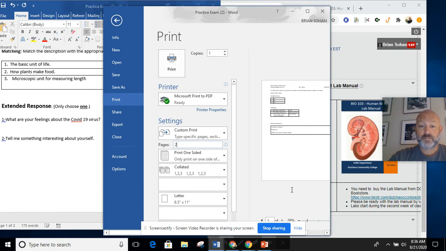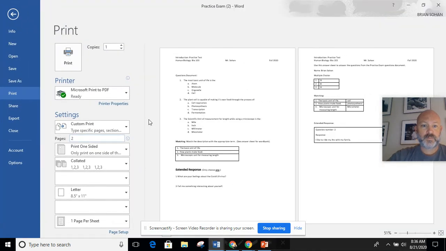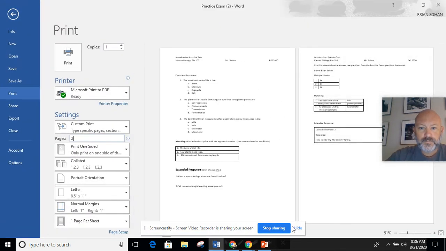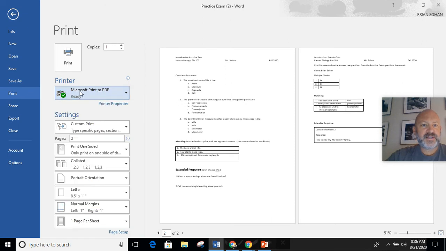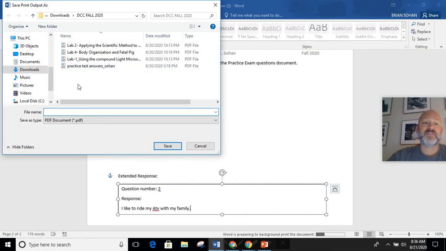All right. Let's make this bigger. Okay, so I'm setting that to Microsoft Print, and I'm only doing page 2. Everything looks good. I'm going to hit Print. And now it's going to ask me to save this somewhere on my desktop.